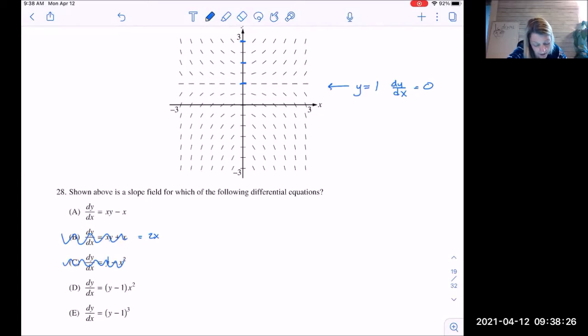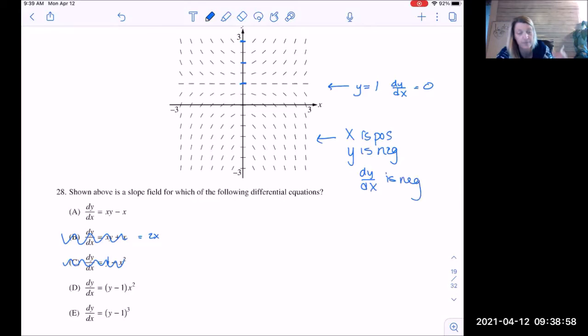Okay, so I'm going to go back up and look, and I like to take a quadrant at a time. So I'm going to try to look at a quadrant that's all going the same direction, which is this one right here. I'm going to take this quadrant. And so when x is positive and y is negative, dy/dx is always negative.